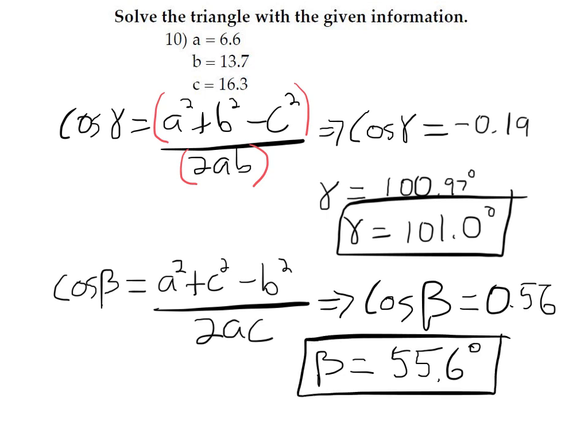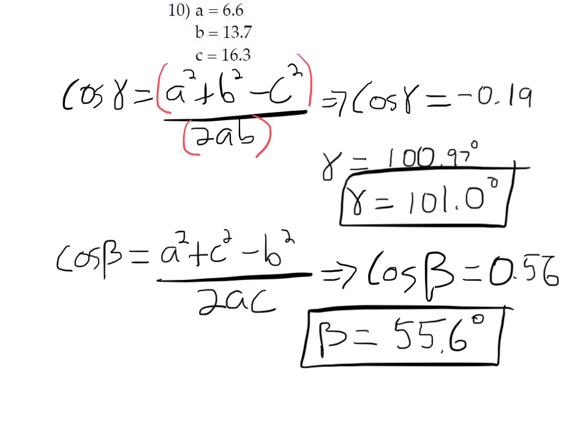We can find alpha in a couple of ways. Depending on your book, you can find alpha using another law of cosines. You could also find alpha with 180 minus gamma minus beta. If you do it both ways, then you can verify all of this work. It's not a bad idea. I'm going to find it with alpha equals 180 degrees minus beta minus gamma.